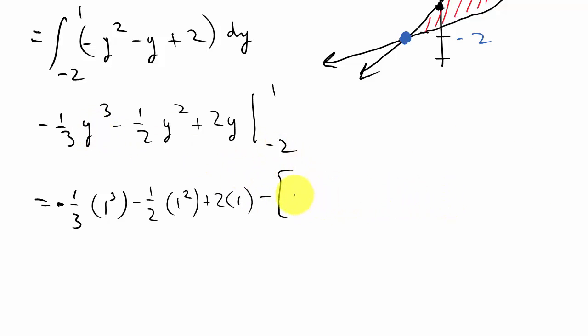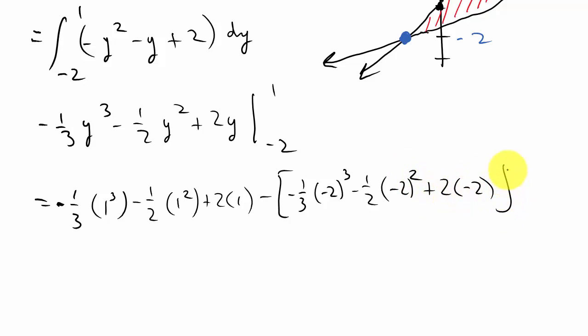So now I plug the negative 2 in: negative 1/3 times negative 2 cubed, minus 1/2 times negative 2 squared, plus 2 times negative 2. Then when we do the arithmetic, we're going to end up with 9/2, and that would be your answer.